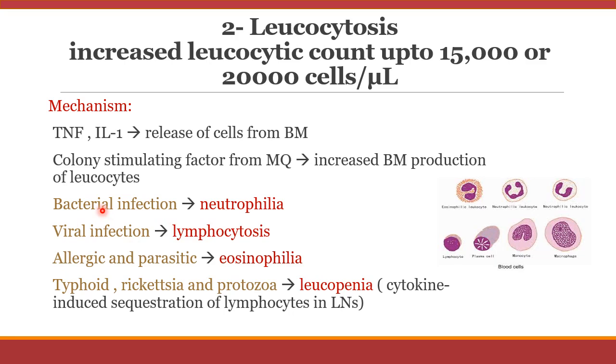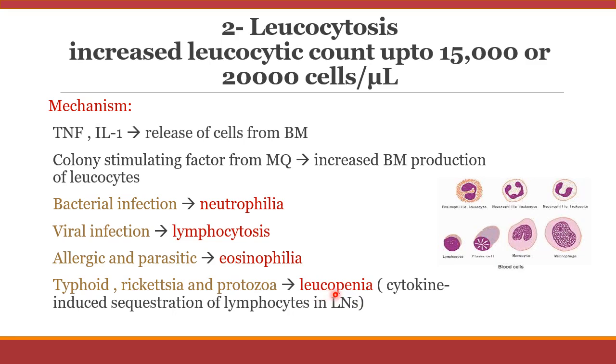They are almost always associated with lymphocytosis, increased lymphocytic count. Allergic conditions or parasitic infections are mostly associated with eosinophilia, or increased eosinophilic count. Finally, some specific infections like typhoid, rickettsial, and protozoal infections are associated with leukopenia.